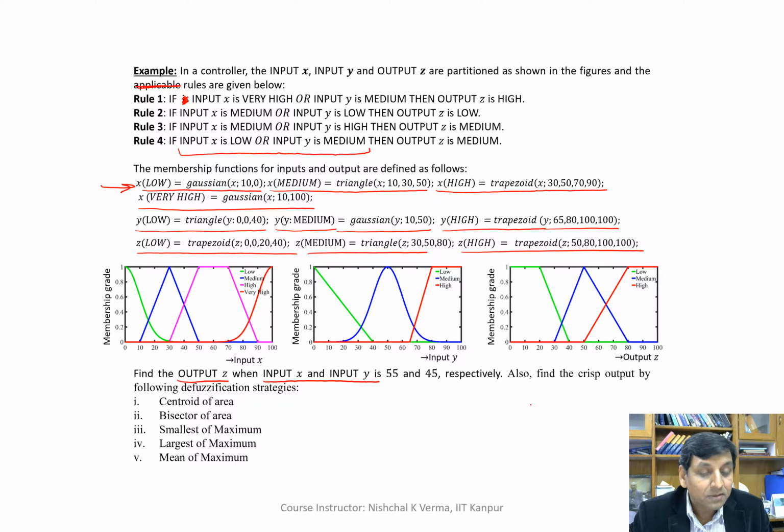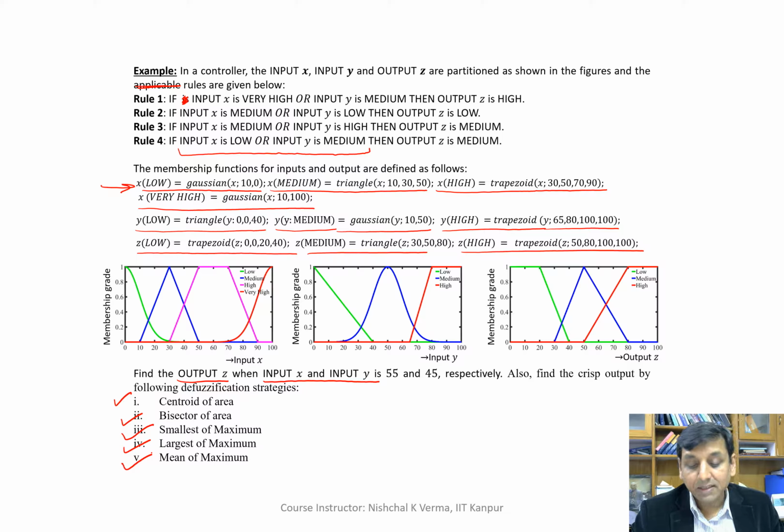Then this aggregated value will be converted into a crisp value through the defuzzification methods. These are mentioned here: you have to find the crisp value by using centroid of area, bisector of area, smallest of maximum, largest of maximum, and mean of maximum methods. So these we have to use.